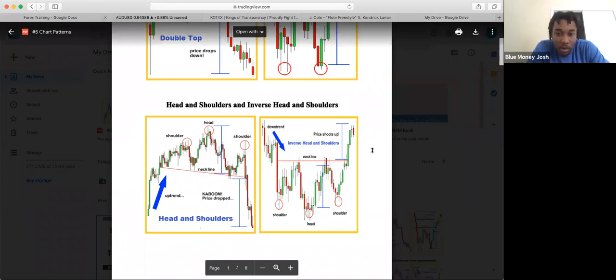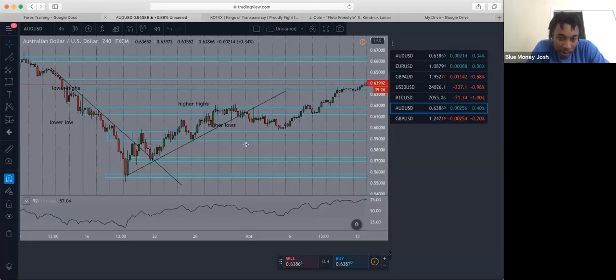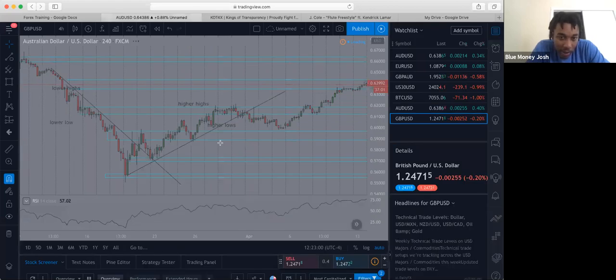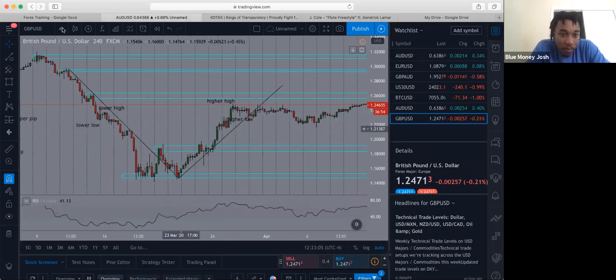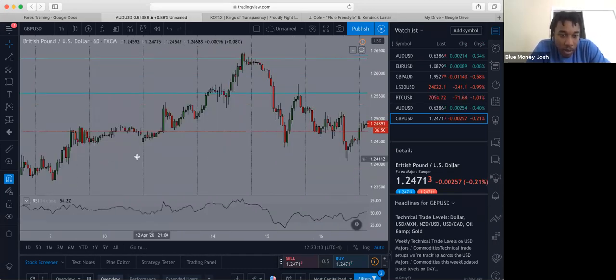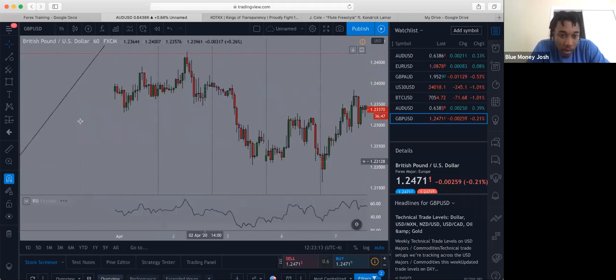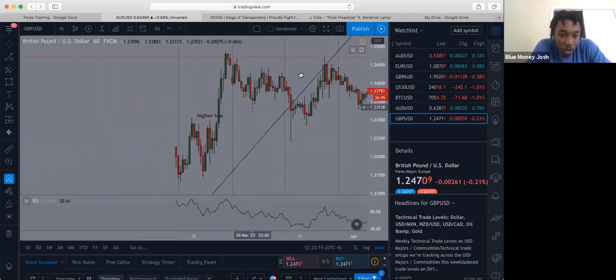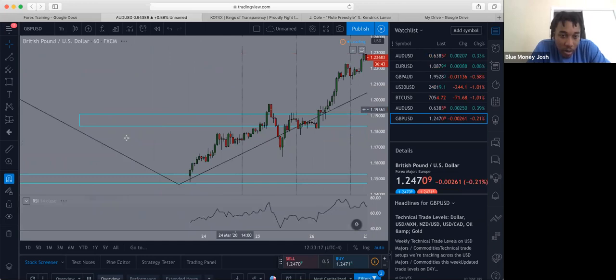I think it was this one. Okay, so this is how it looks on the market. Perfect example. It played out super clean, very simple.